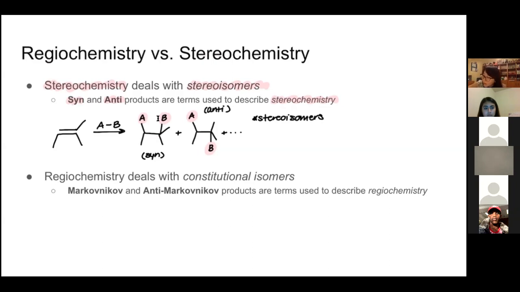On the other hand, regiochemistry is going to deal with constitutional isomers. So when we use the words Markovnikov and Anti-Markovnikov, that's going to be describing regiochemistry. I'm just going to take what we just used, copy the first product, and then make up a second product.